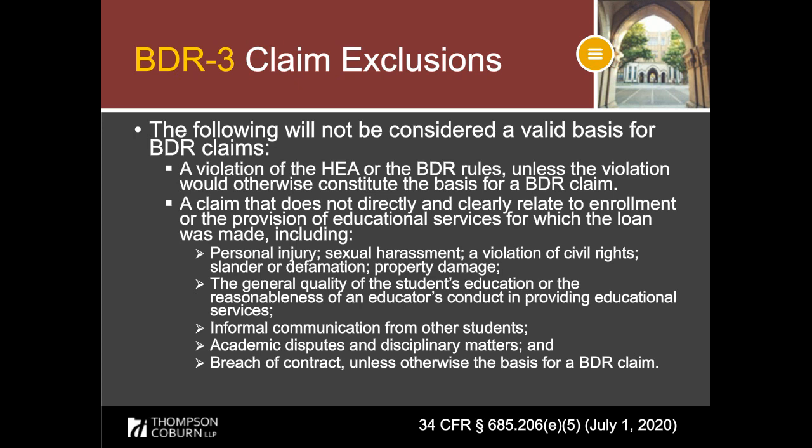So you got a program review that says you misrepresented your, whatever, to your students between period X and period Y. Well, okay, then a borrower could say, wait a minute, there was a misrepresentation. I was one of the people subject to that misrepresentation, and that's the basis for a borrower defense claim, misrepresentation. So it's not a de facto basis just because you violated a provision of the HEA. A borrower would have to show that whatever it was, that violation also still satisfied the claim standard, being a misrepresentation or, if you're under BDR-2, breach of contract, misrepresentation, et cetera.